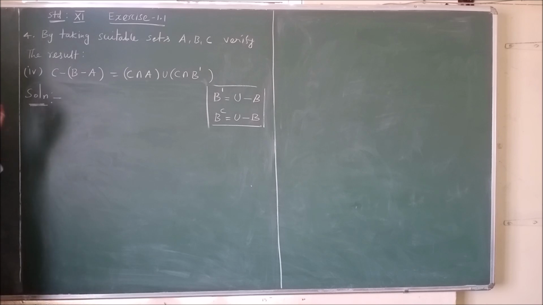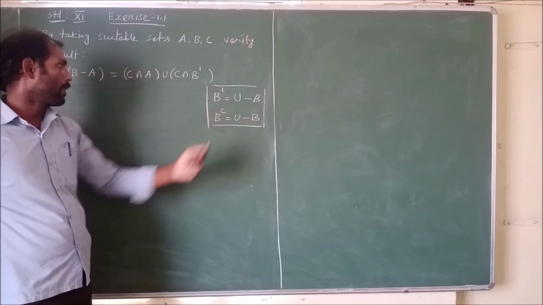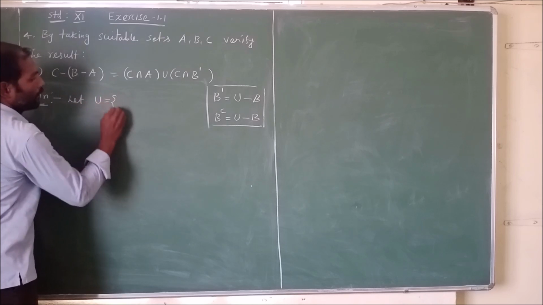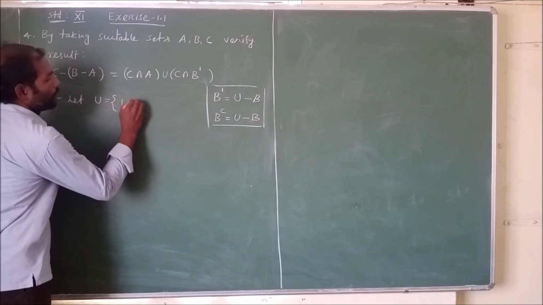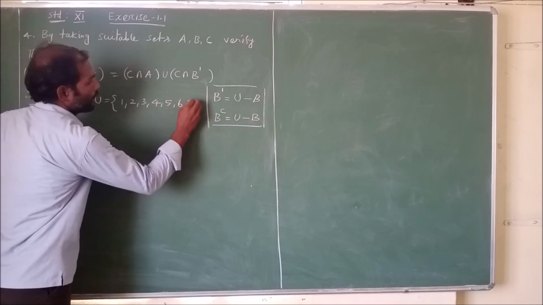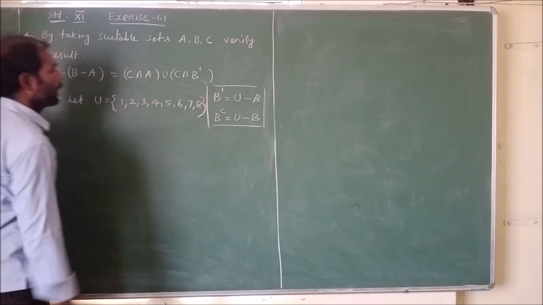Let us take the universal set. Let U equal the universal set {1, 2, 3, 4, 5, 6, 7, 8}.